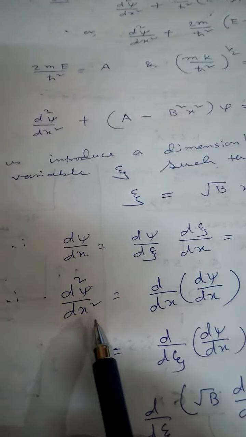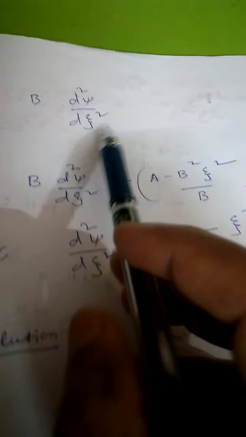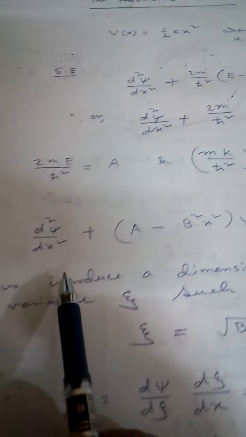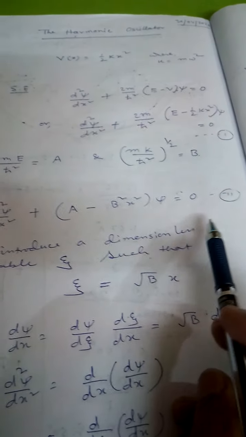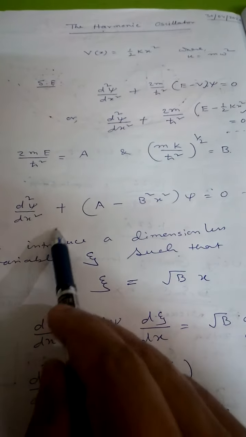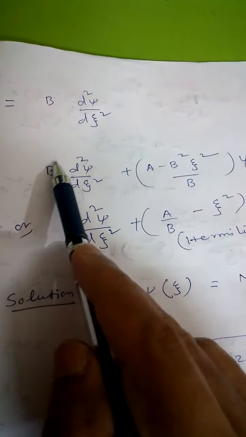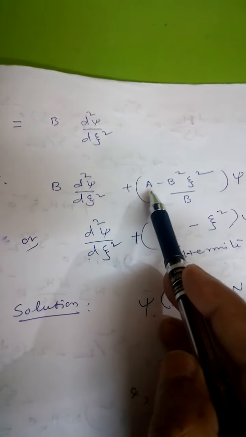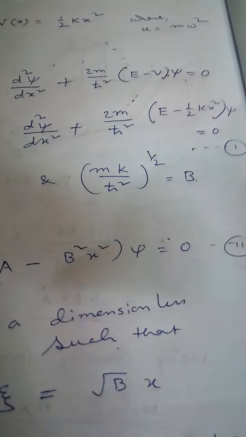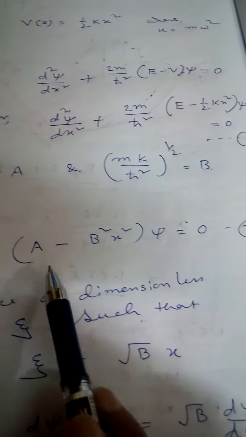Therefore, let us put this expression in equation 2, in place of d square psi by dx square. It was a minus b square x square into psi.